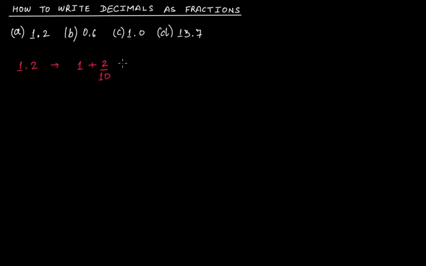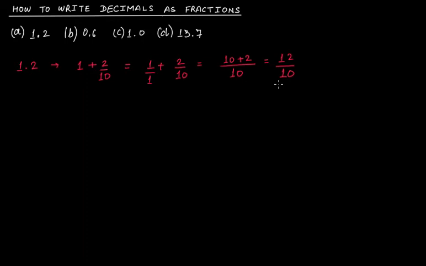Now we can write this as 1 over 1, that's simple, then plus 2 over 10. If you take the LCM of 1 and 10, you will get 10. Now this will become 10 plus 2, and this is 12 over 10.